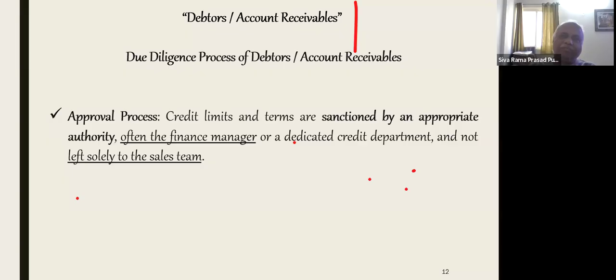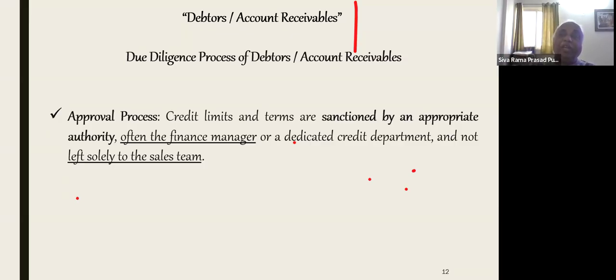Approval process: the credit limits, terms and sanctions by the appropriate authority. Whenever credit sales are given, it is not the marketing department's authority, it is a finance department authority. The marketing team has to get approval from the finance department or the chief financial officer if credit sales are increasing.